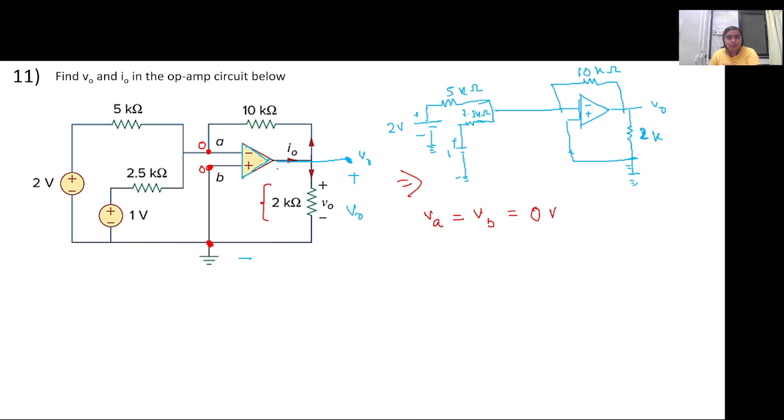At which point will you apply KCL? VA, ma'am. Right, because that will be related to the output port, which is V0, and we have the input voltages and resistances.